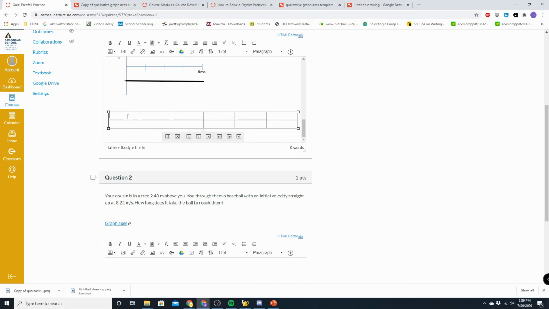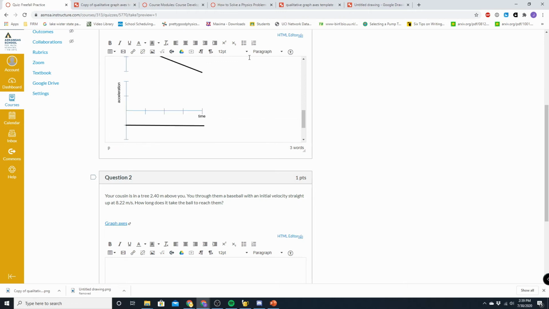In the first row, you're going to put in all of our kinematic variables. So we have the x position, or I guess technically we have y, right? So y initial. We have y final. We have the velocity in the y direction initial.